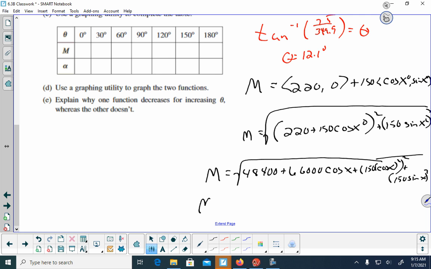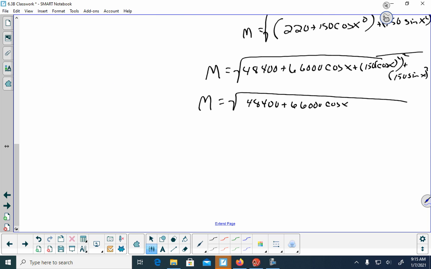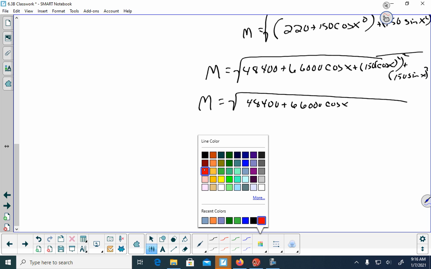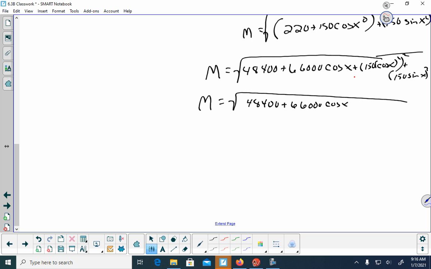So when I square that, it's going to be 22,500 cosine squared x.